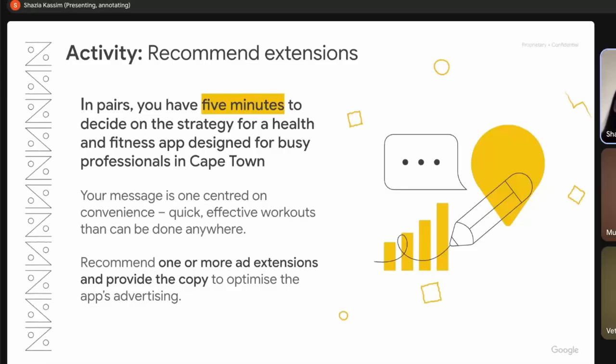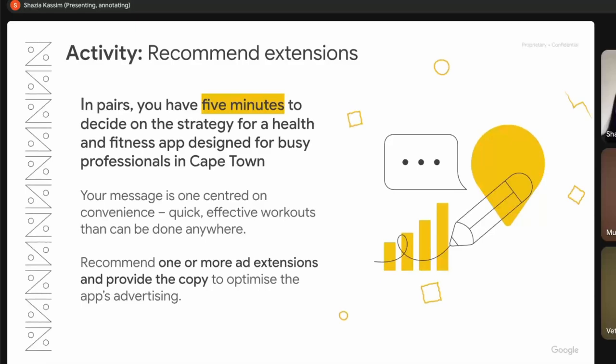Yep, there are comments. I'm happy to read them. Let's start with Minnie Lee. She said, site links: workout anywhere, description: office, hotel room, high impact routines. Call out extensions: no equipment needed. App extension: download our app. So I would have probably gone with download now, but that's fine.